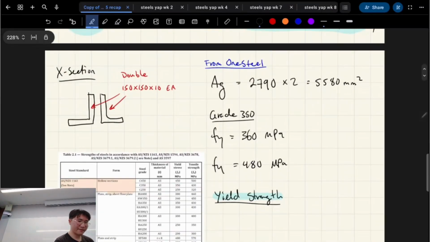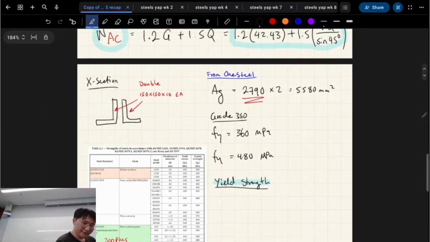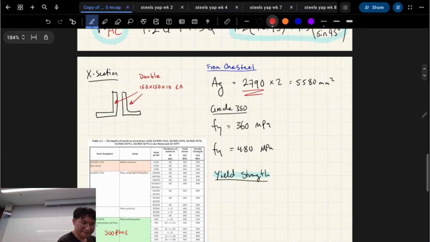And so from OneSteel, we take the gross area for a single 150 by 150 by 10 equal angle, right? We multiply it by 2 since our cross section has 2 equal angles, right? We're told in the question it's grade 350 steel.